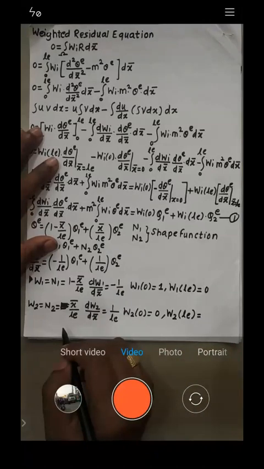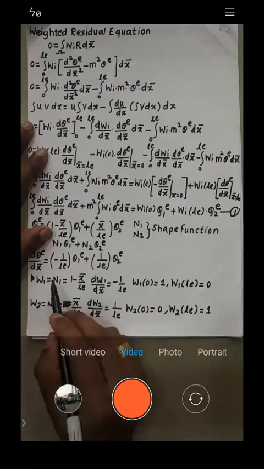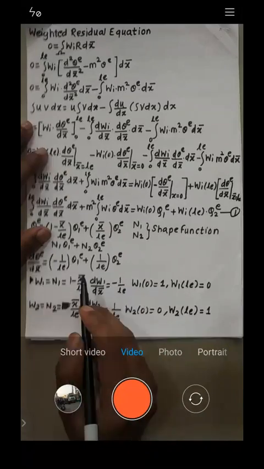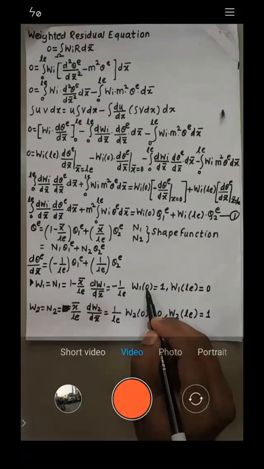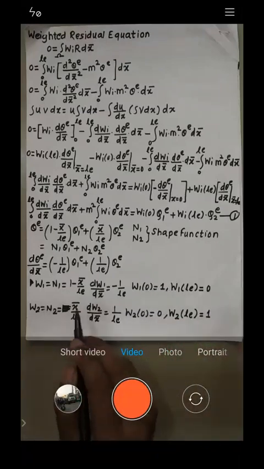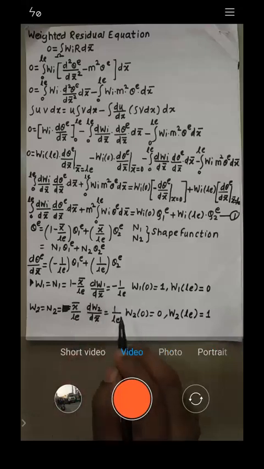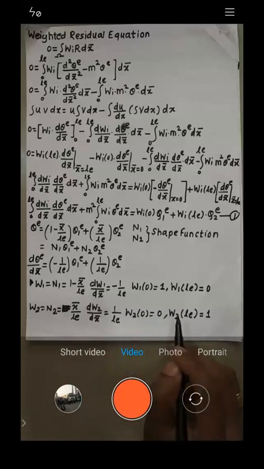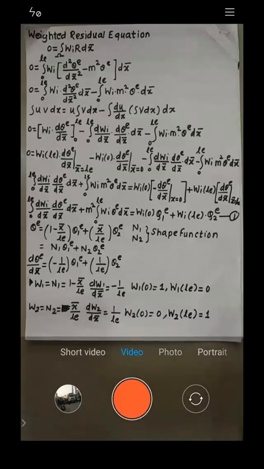See, your first weight function was 1 minus x bar by LE, so its derivative is -1 by LE. When you put x 0, its value is 1. When you put x LE, its value is 0. Similarly, your second weight function is x bar by LE, its derivative is 1 by LE, its value at 0 is 0 and at LE is 1. Is it okay? Yes, sir.